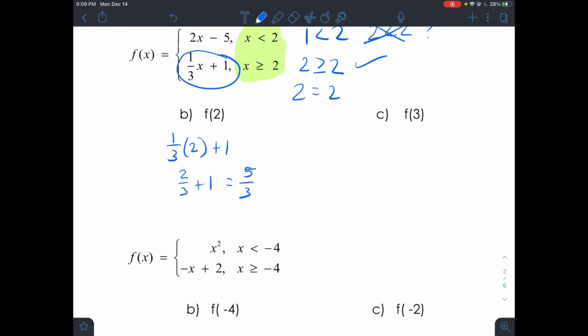How did I do that in my head? Well, 2/3 plus, and you could change 1 to 3/3, right? That's how you would end up with 5/3 if you're curious on how you would add those fractions in your head. So that is your answer to number 2. My handwriting is really bad there. Holy smokes. 5/3. A little prettier.